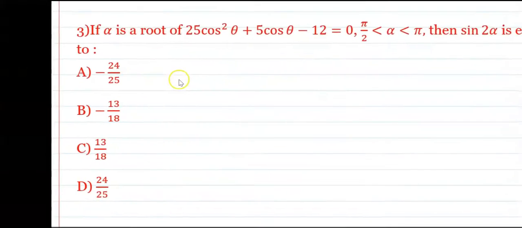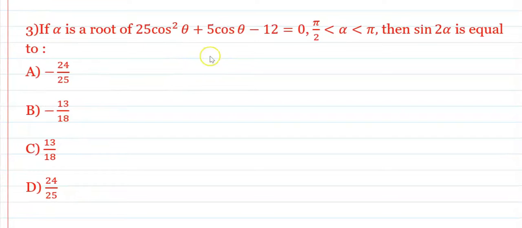Now we'll solve this quadratic equation. It is quadratic in cos theta, and therefore I will write here 25 cos square theta plus 5 cos theta minus 12, and that's equals to 0.